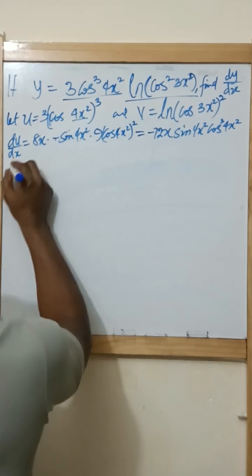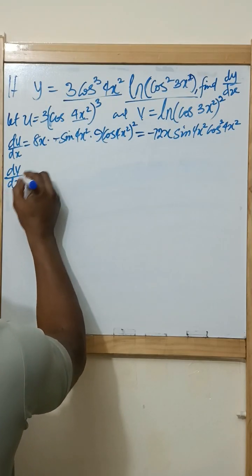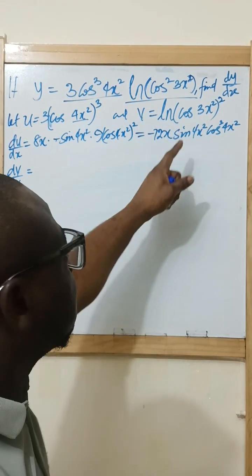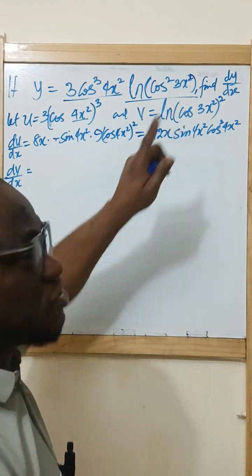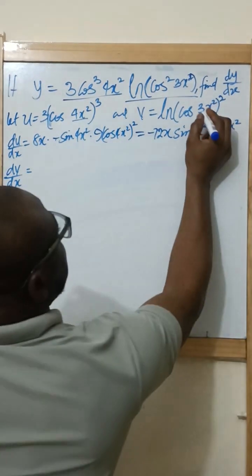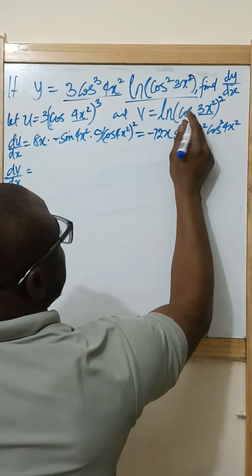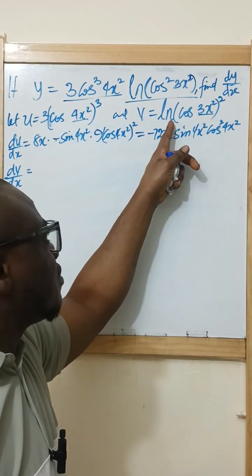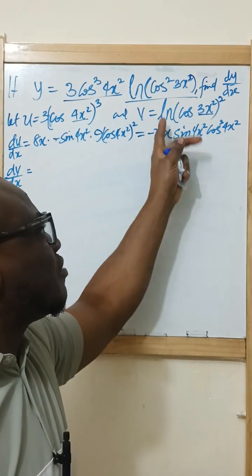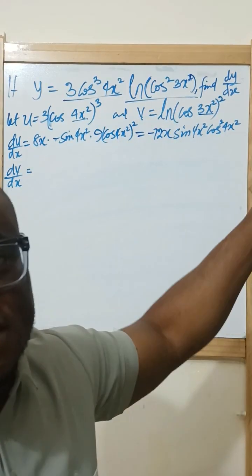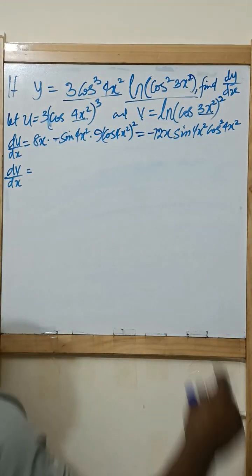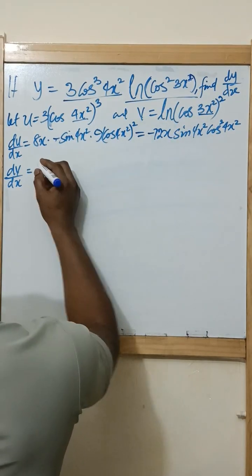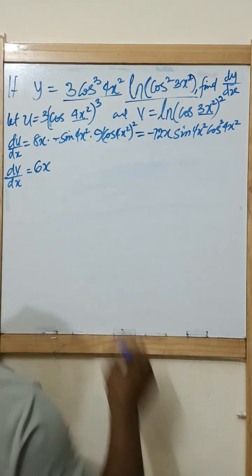Now dv/dx. To differentiate this, first, this is a function of a function as well. So we differentiate the subject first, then cos of that subject, then the power, and then we also differentiate ln of the entire bracket and power. First we differentiate the subject, which gives 6x.